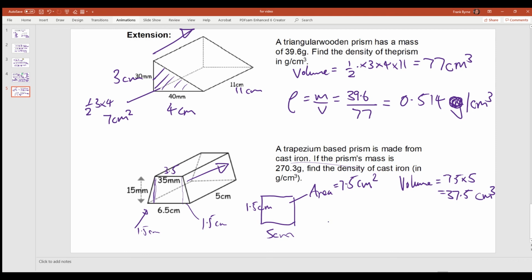Density equals mass over volume, which is 270.3 divided by the volume, 37.5, and that is 7.2. I'm happy with 2 sig figs here. 7.2, and what are we working in? Grams per centimeter cubed.